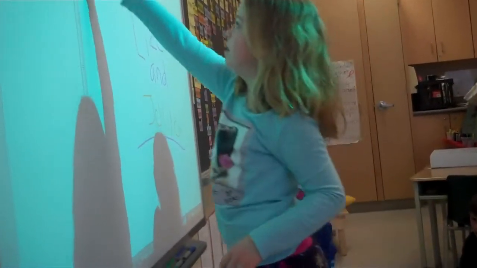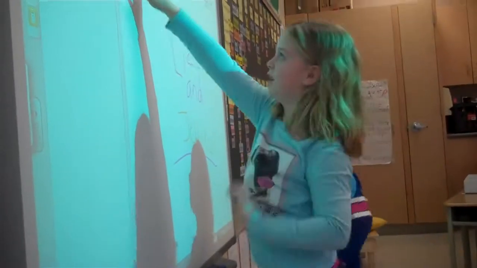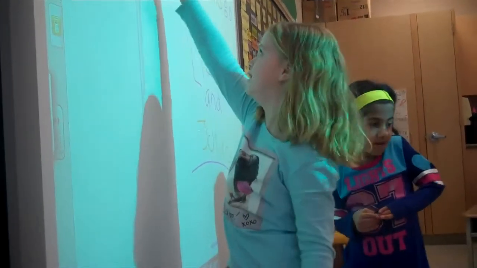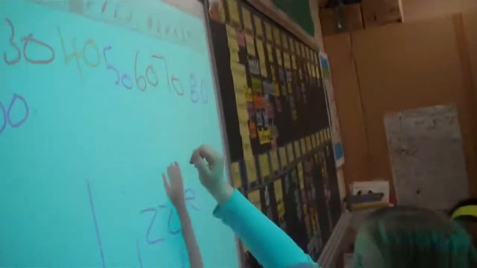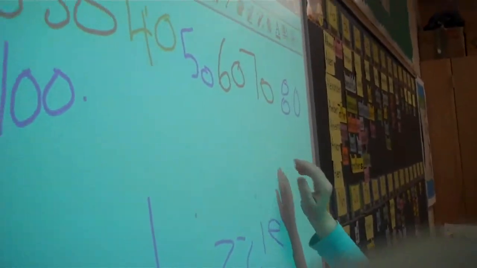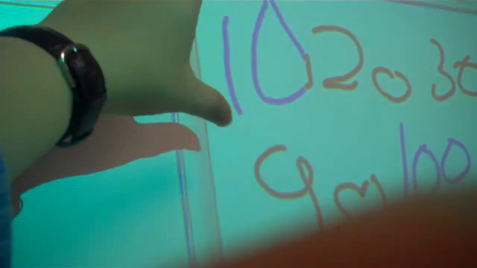Because 10, it has 10 groups, and then it's easier because you just go from 10 to 20, 20 to 30, 30 to 40, 40 to 50, 50 to 60, 60 to 70, 70 to 80, and 80 to 90, and 90 to 100.